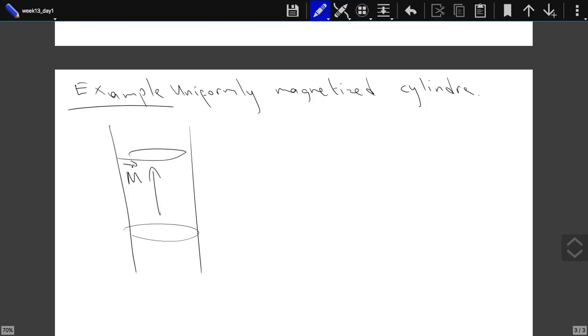Let's say it's pointing upward. So let's calculate the corresponding currents. What is the volume current density? Remember, it is always the curl of the magnetization. Magnetization is constant, uniform, so this is 0. The surface current density.